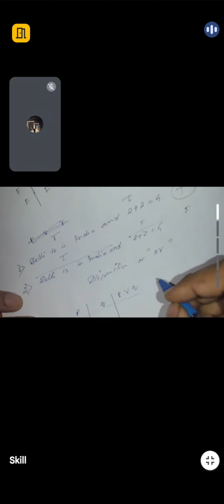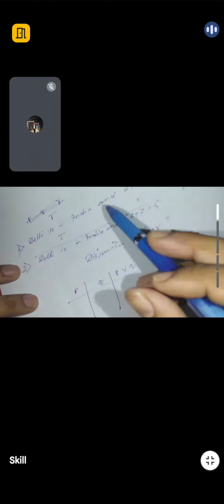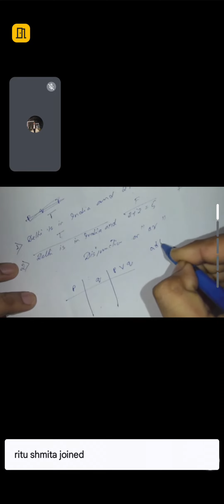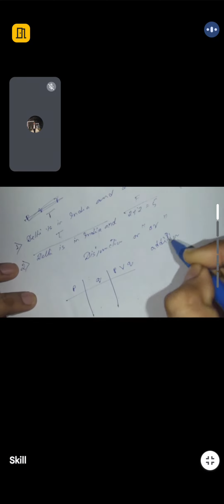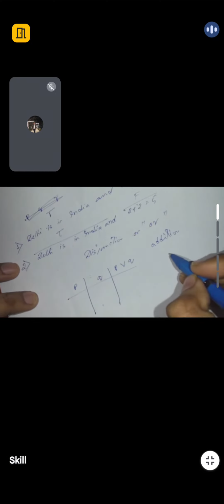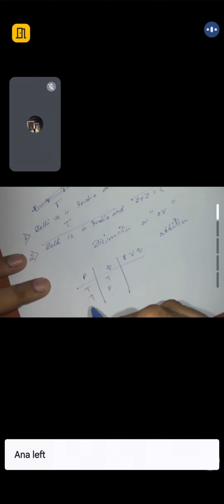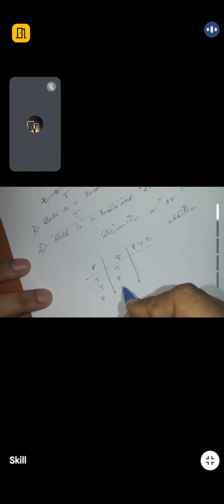In conjunction we remembered multiplication. Here just remember addition. So this is true true, true false, false true, then false false.